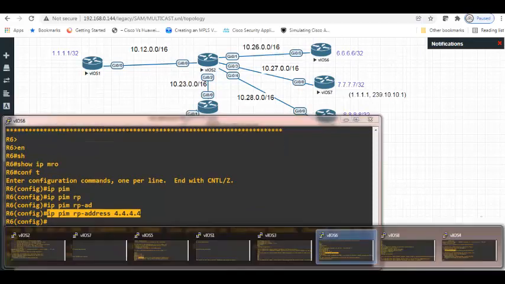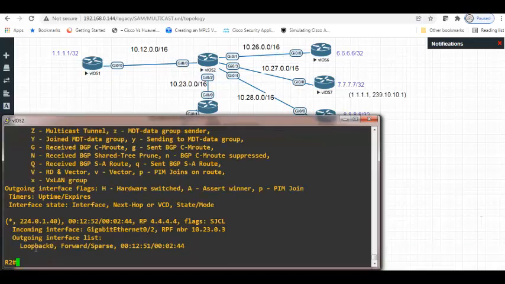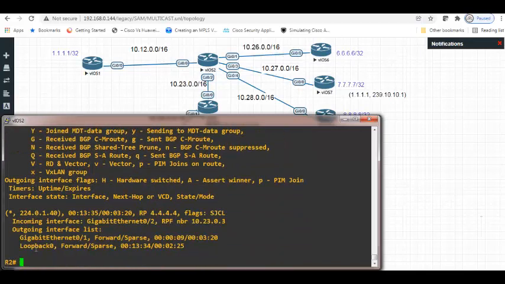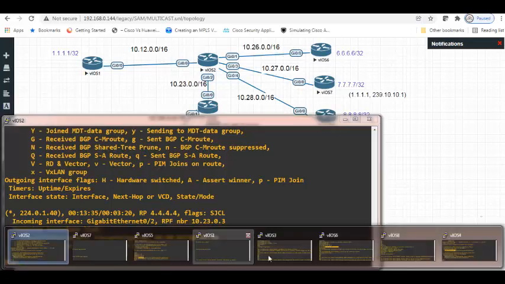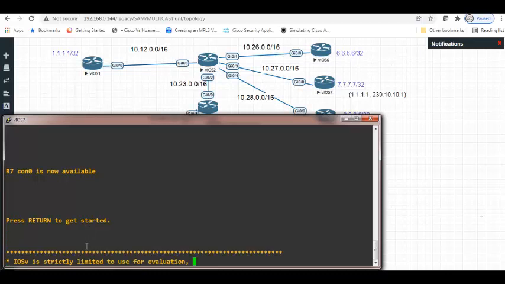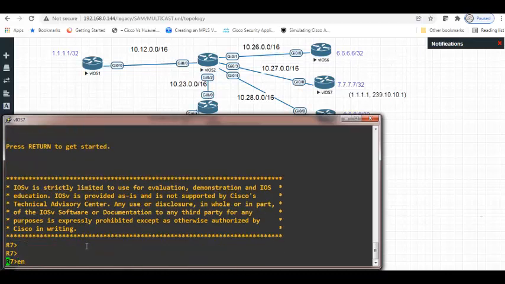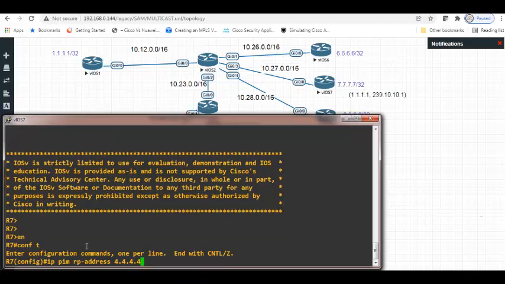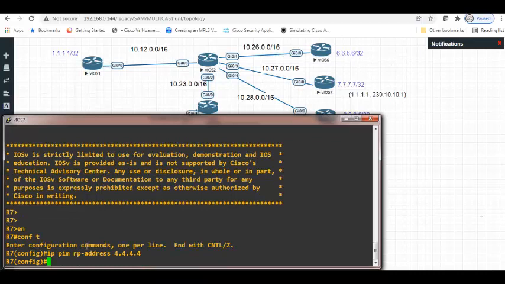So when I go to router 2, I don't see a big difference in the table. You see, it's the same output. But when I put it on router 7, there will be some change in router 2, because the enrollment goes via router 2. So there will be some incoming and outgoing interfaces.